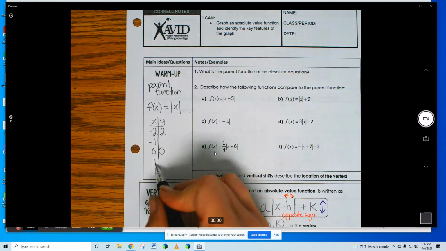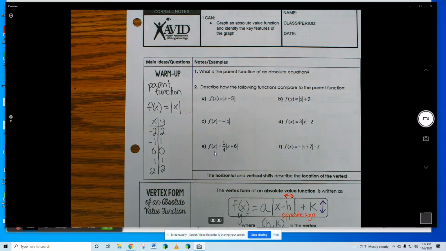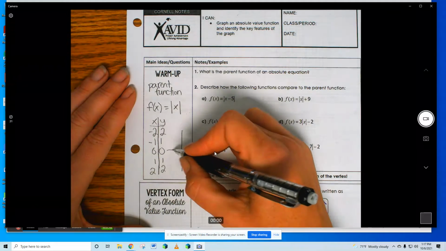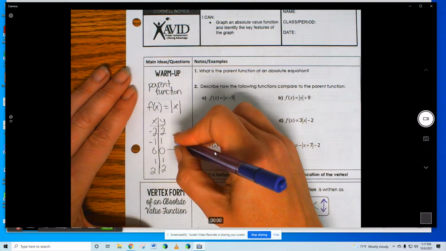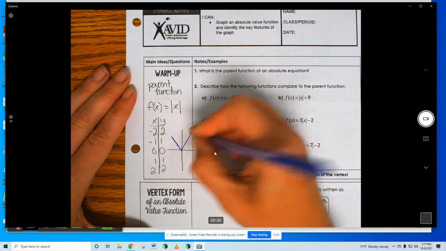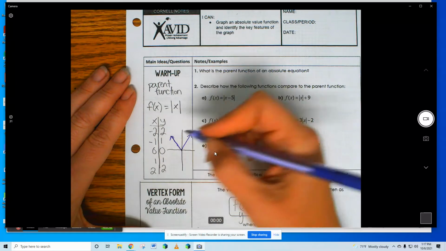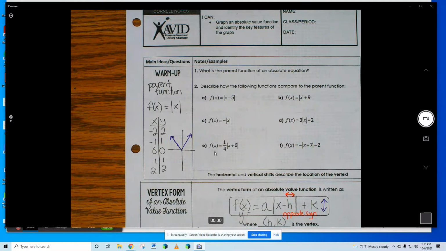Absolute value of 1 is 1. Absolute value of 2 is 2. And what does that look like? It's a V shape. That's what absolute value looks like. Refresher. Reminder.